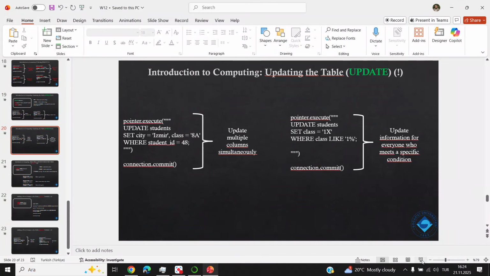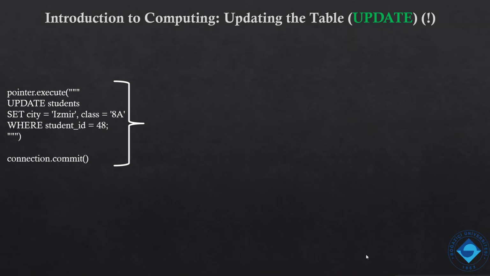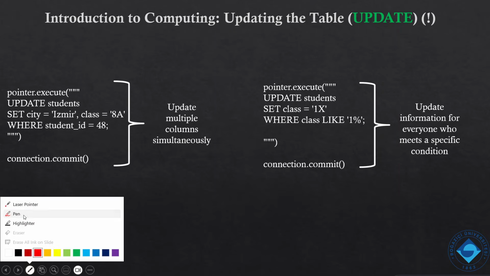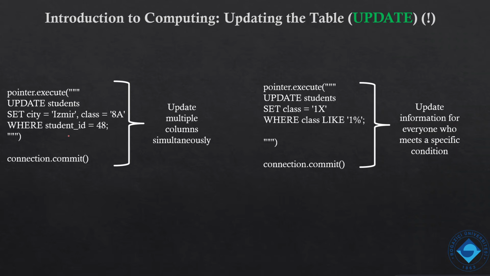And here we have one more example. Let me see. Here we are updating multiple columns simultaneously. Let's see which columns. Okay, we are changing the student with the ID number 48, his or her city and class. Let's do it.